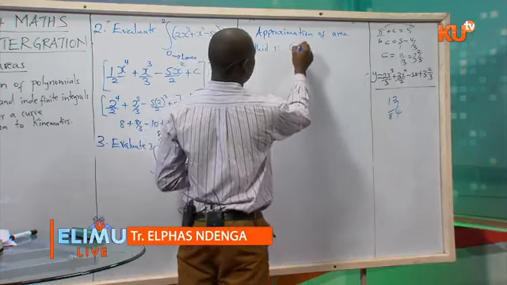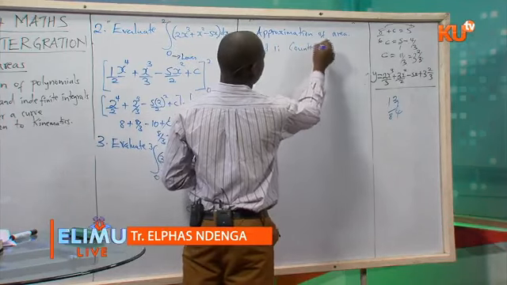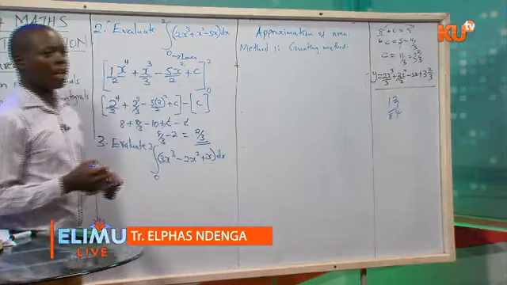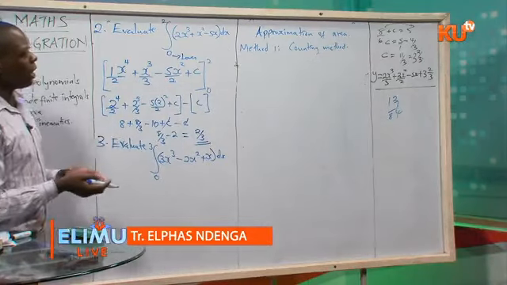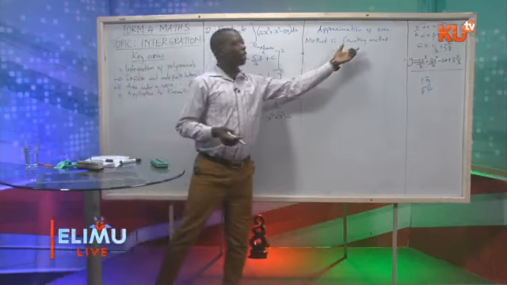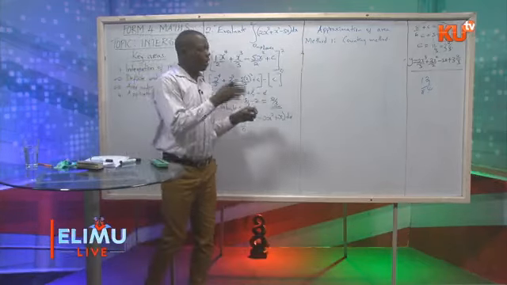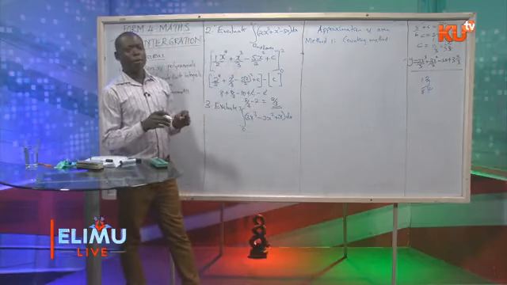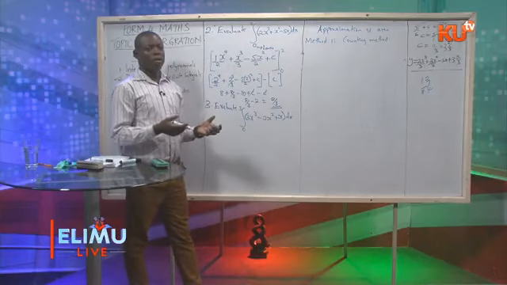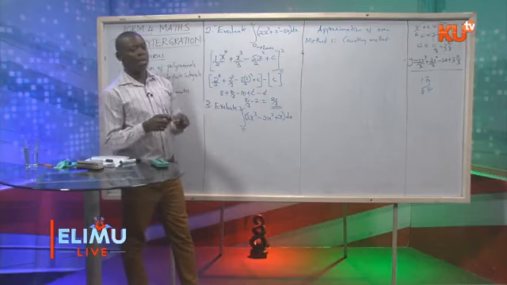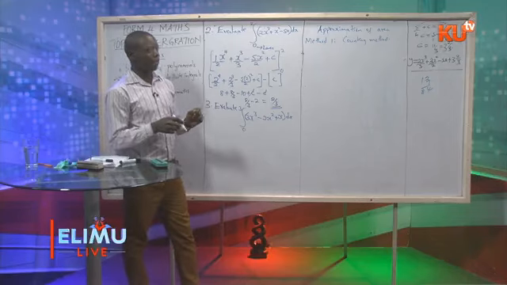Method 1, that is the counting method. It is the area of irregular shapes. We divide the shape into squares, then we count the number of complete squares and incomplete squares, we divide the incomplete by 2, and we add them together to obtain the area of that shape.